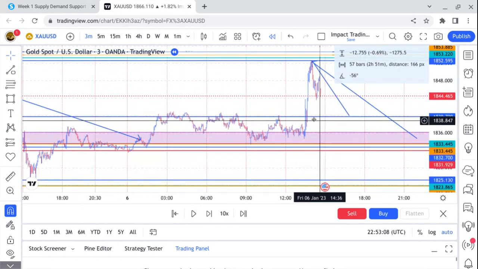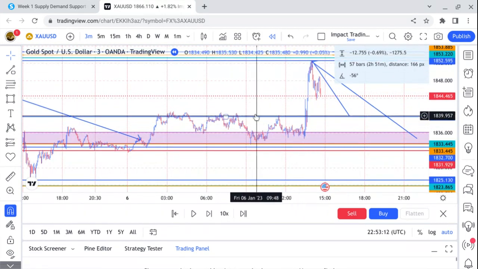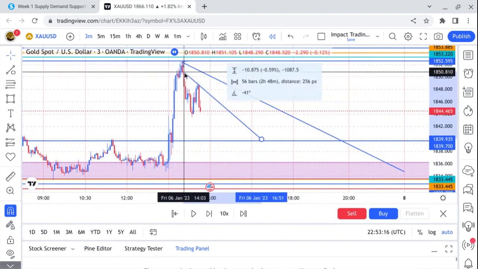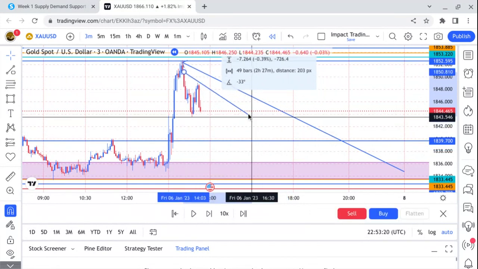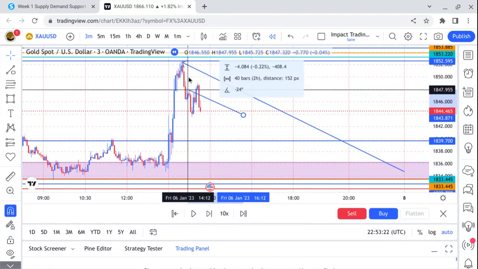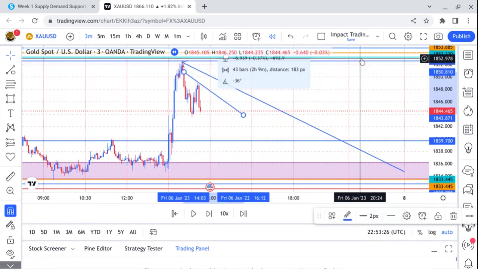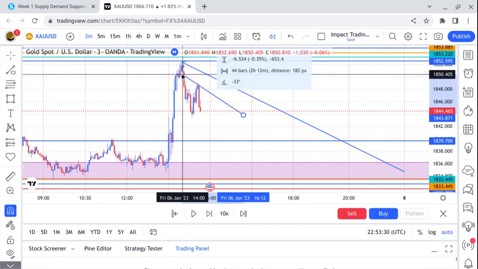But what did we do before the session began? We expected a reversal in this area, and then we got a trade signal to go short here. We would have entered short here. We would have been patient to let price get into this area first. We would have entered short here.